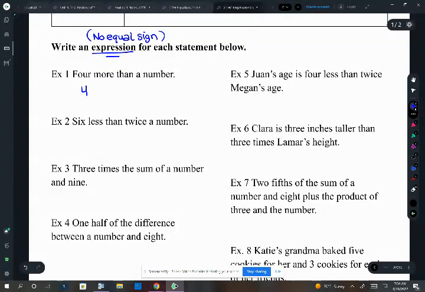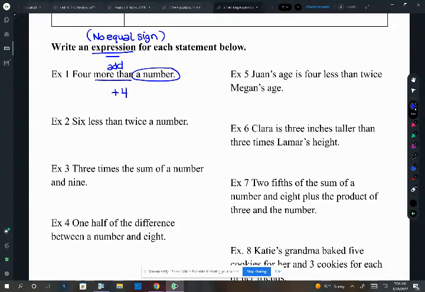So no equal sign. So as we look, example 1 says 4 more than a number. And so usually when you see the word more than, whatever's in front of the more than is going at the end. So more than is a plus. So this means we're adding. This is an add word. So we're going to be adding 4. And it's more than a number. And so this part is the part we don't know. That's our unknown. And we can choose any variable we want.